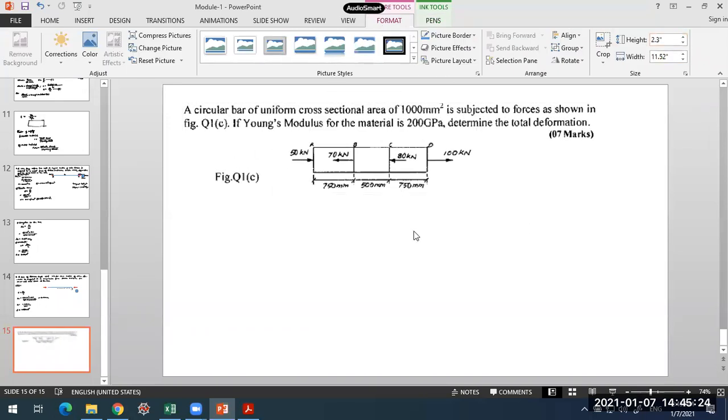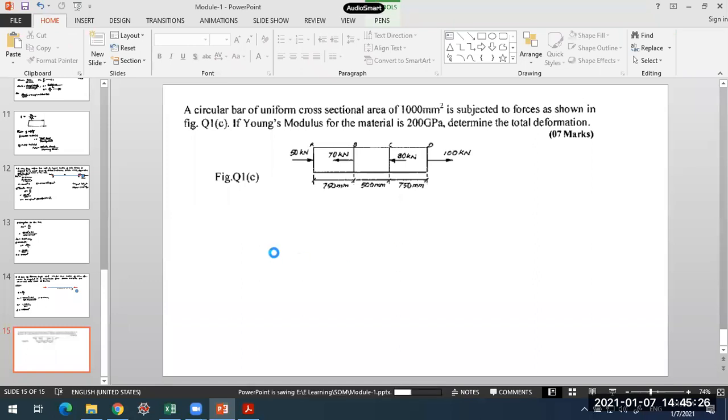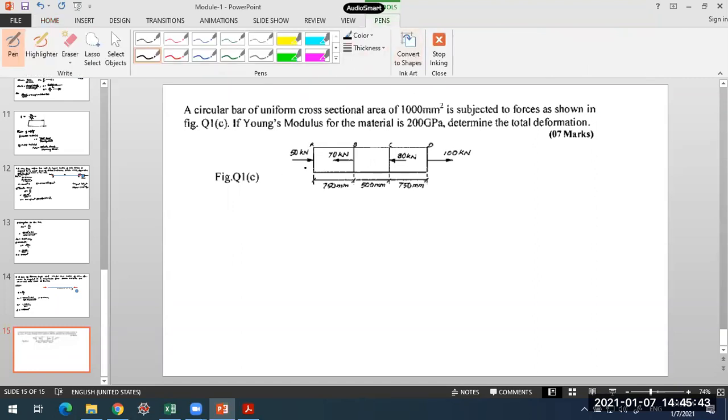What you have here is a circular bar of uniform cross section of 1000 mm square area, subjected to forces as shown in the figure. If the Young's modulus of the material is 200 GPa, determine the total deformation. They are asked to find the total deformation in this bar. Loads have been given over here.